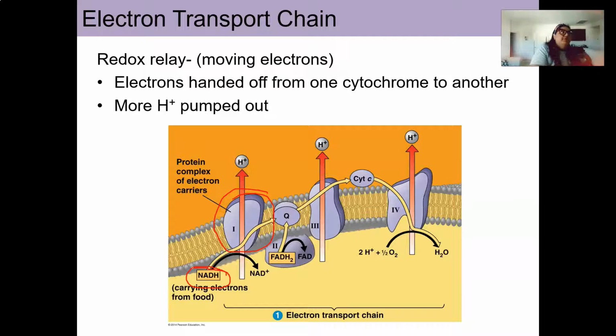Remember, we did all of those reactions through cellular respiration. We ate our food, we breathed in our oxygen, then all of those reactions happened, and we had our electron carriers finally make it. So we broke down the glucose, we got all of those carbon molecules broken down, we broke all those bonds to get all those electrons out, and now we're carrying the electrons on the NADH.